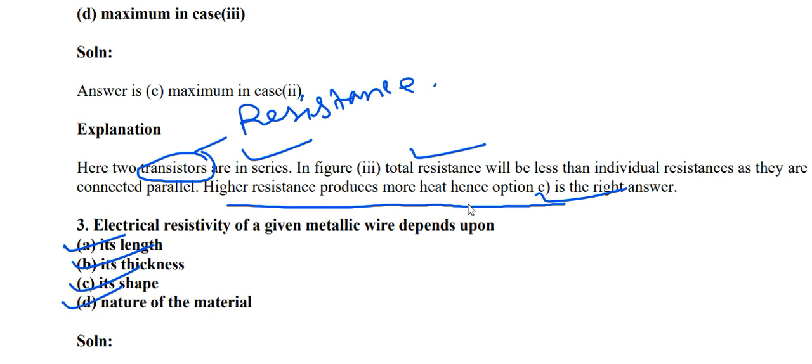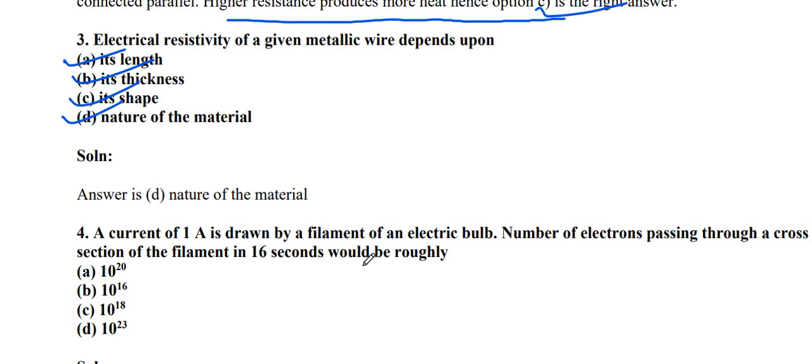So you should give the answer very carefully, right? D will be the answer. Nature of the material, right? Metallic wire electrical resistivity depends upon nature of the material.